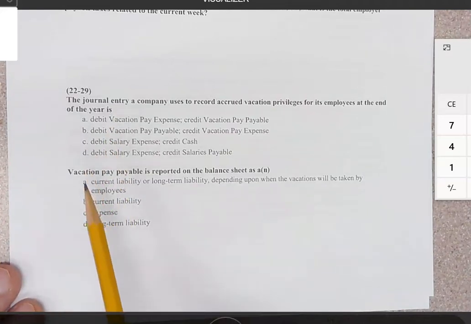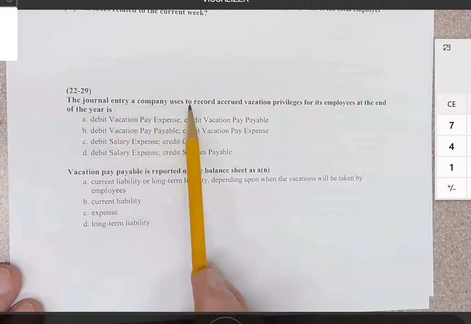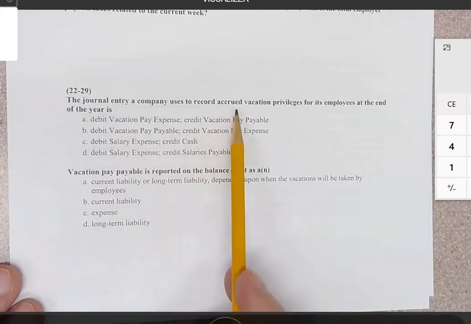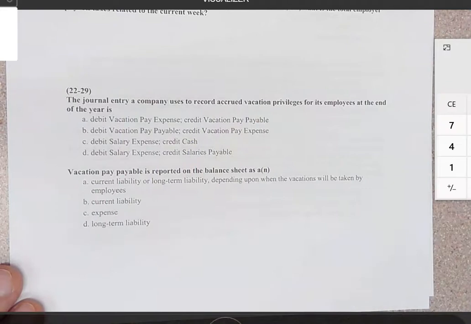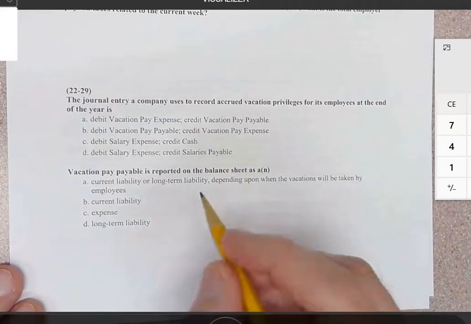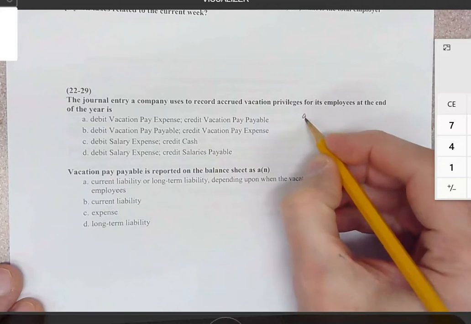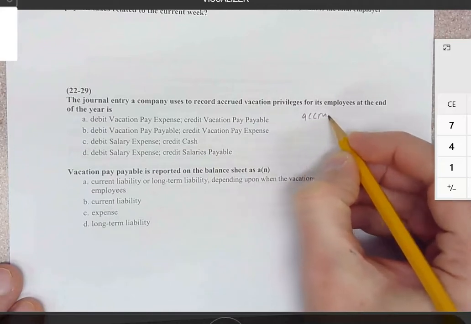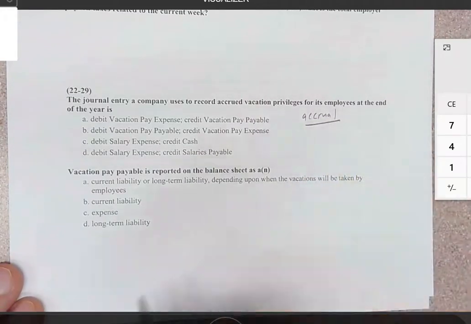Our question here says, the journal entry a company uses to record accrued vacation privileges for employees at the end of the year is... Okay, so we remember we are talking about the accrual basis of accounting.